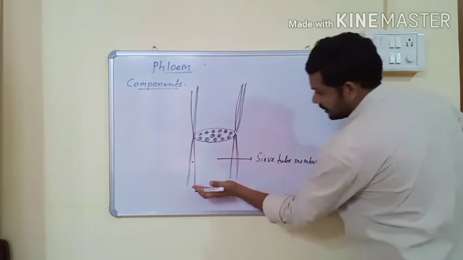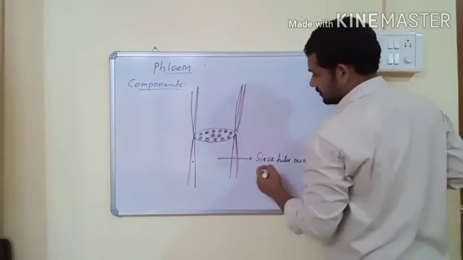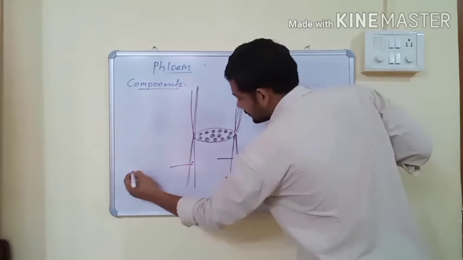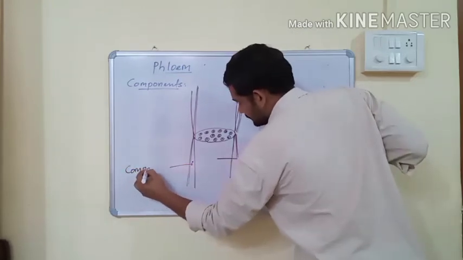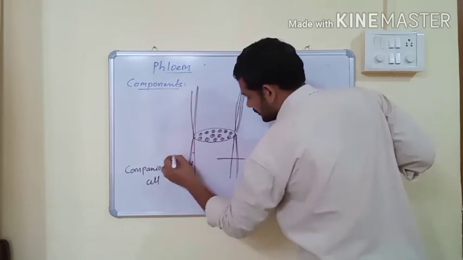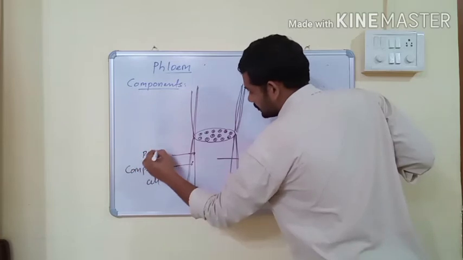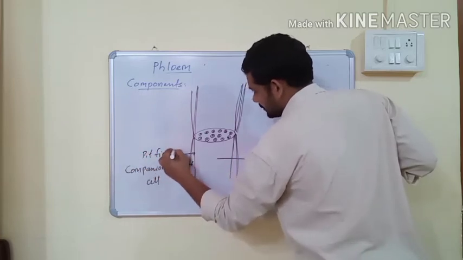From here to here is one sieve tube member, from here to here another sieve tube member. And this is a companion cell. Both are companion cells, and this is the sieve tube. Both are connected through pit fields.